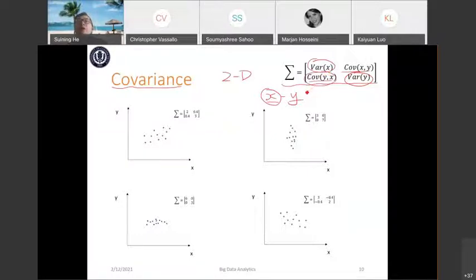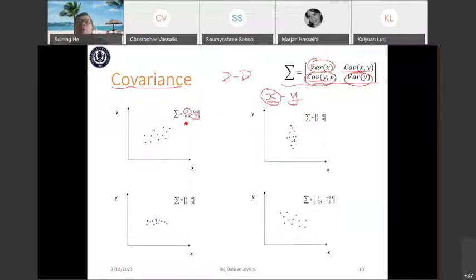But let's look at what the covariance looks like for different data sets. For example, we can see this data set has this kind of distribution. When we look at the covariance, the variance along x is 2, and the variance along y is 3. And we can see the covariance between x and y.